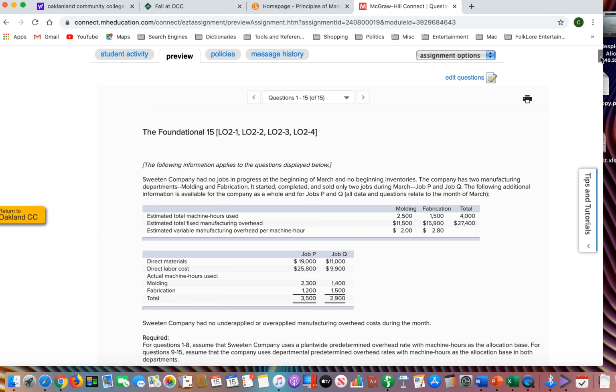You're going to see two or three departments using more than one allocation base. Now, in this example here, they're using the same allocation base, that is machine hours.